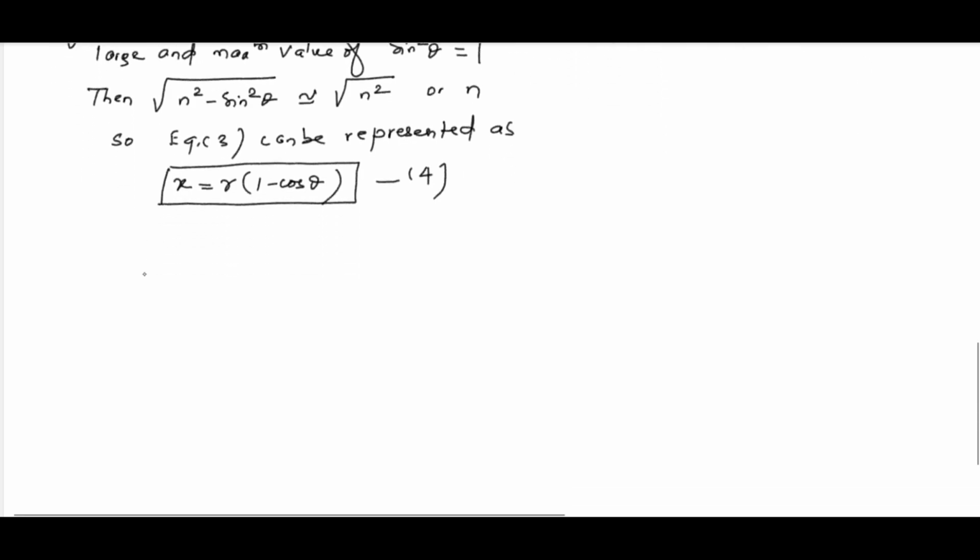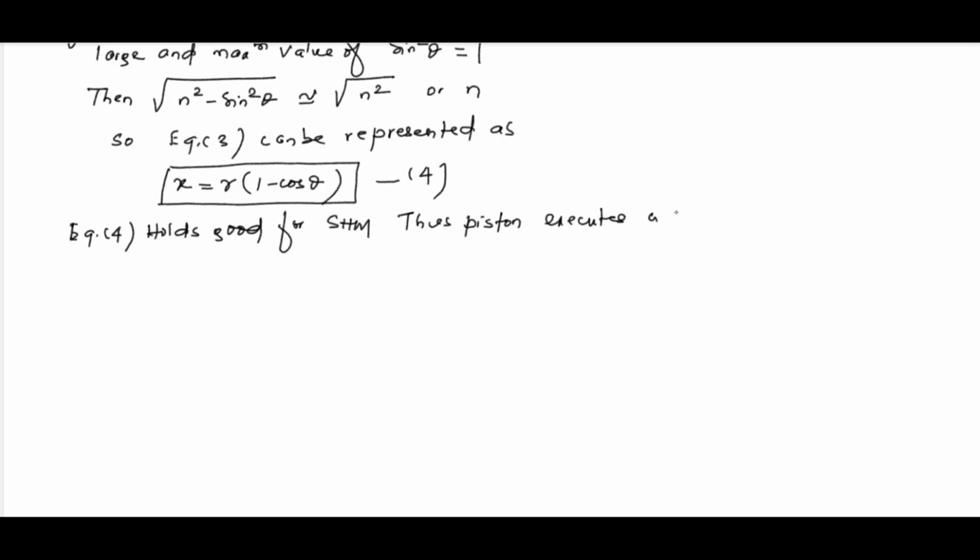Now this equation 4 holds good for SHM. Okay, so thus the piston executes a SHM when the connecting rod is large.